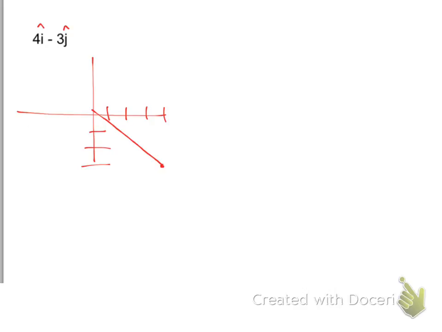Should I go up or left? Up, because it should be to the x-axis. You know, guys, that this is 4, and that is a negative 3 because I'm going down. But when I form my triangle or use my triangle, I can turn that to a positive 3.